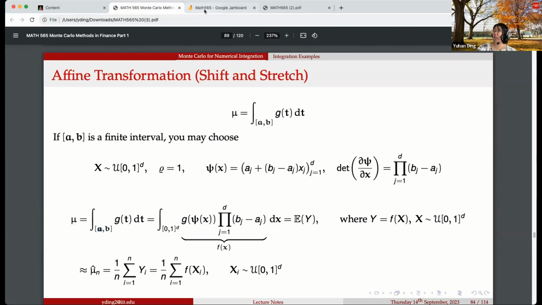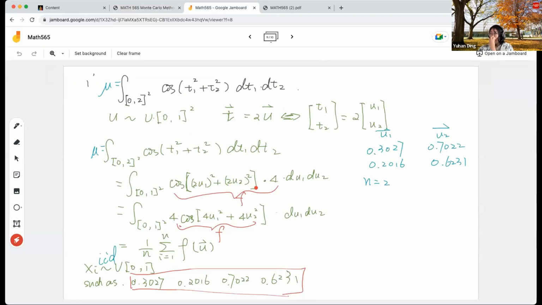Okay, feel free to ask if you have any question. And then n is 2, then we can get this mu hat, with the sample size being 2.